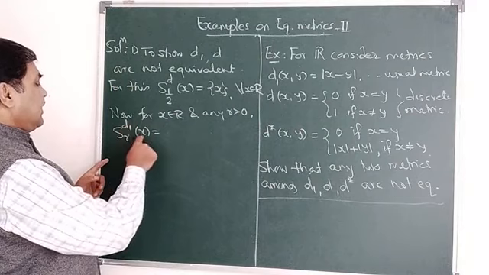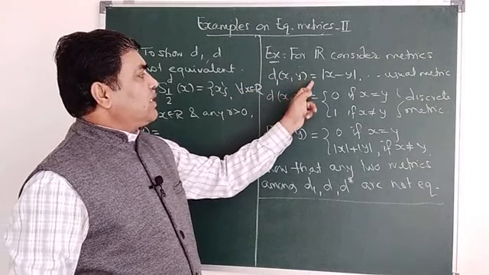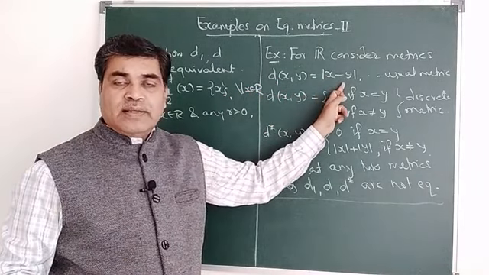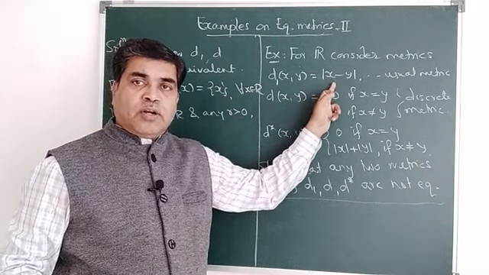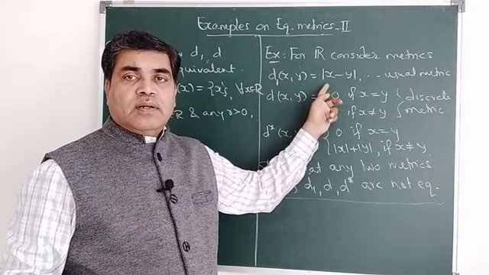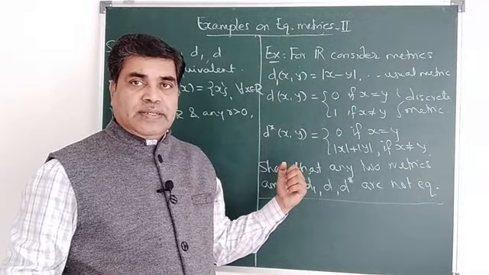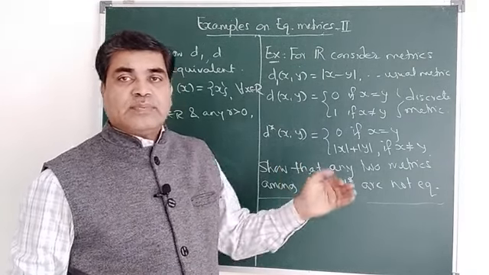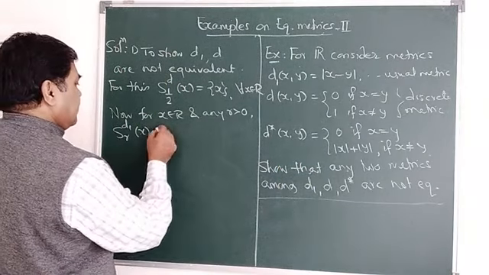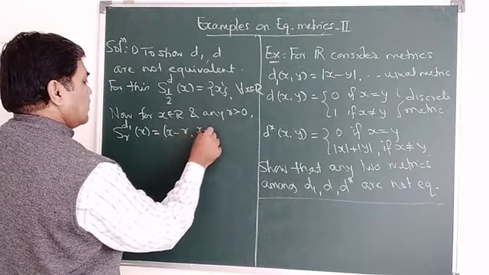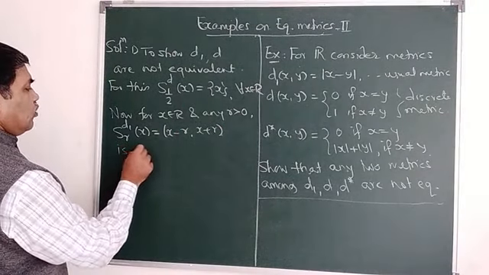S r d1 of x is the set of those y belonging to R such that d1 of x, y equal to mod of x minus y is less than r, which is the same as mod of y minus x less than r, meaning y lies between x minus r and x plus r. So S r d1 of x becomes the open interval x minus r to x plus r.